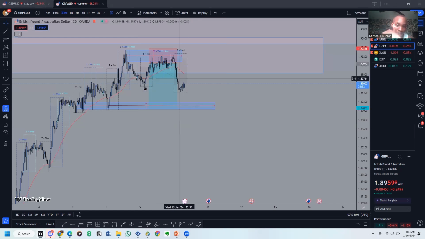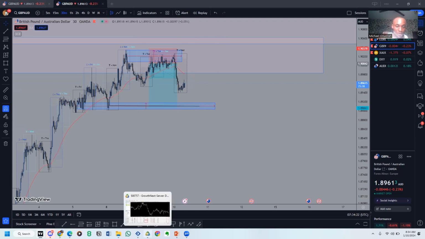So price has created a new low, broken structure already. So we're expecting price to move further downwards. You understand? More downward moves.